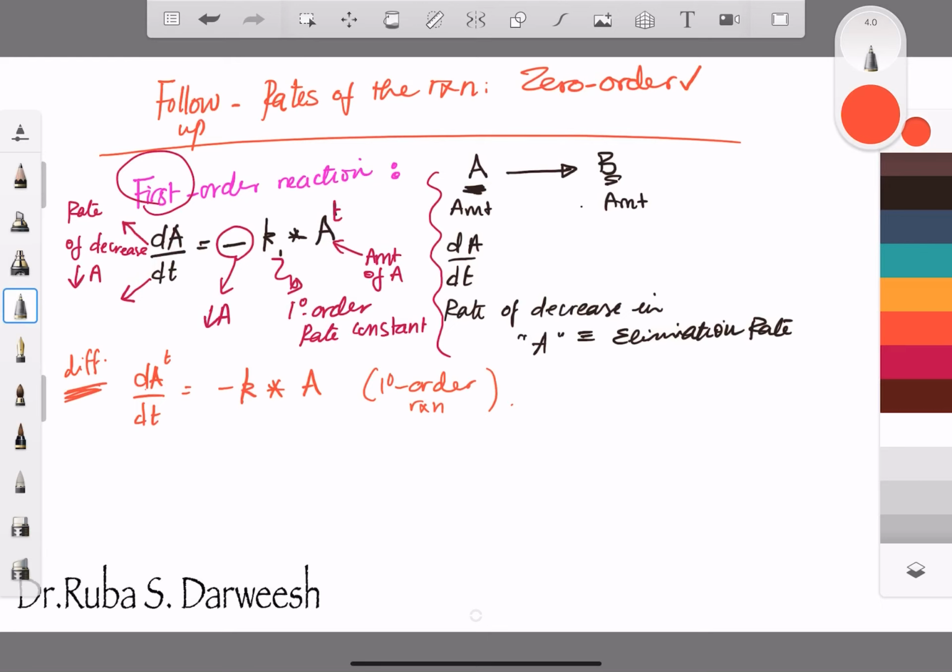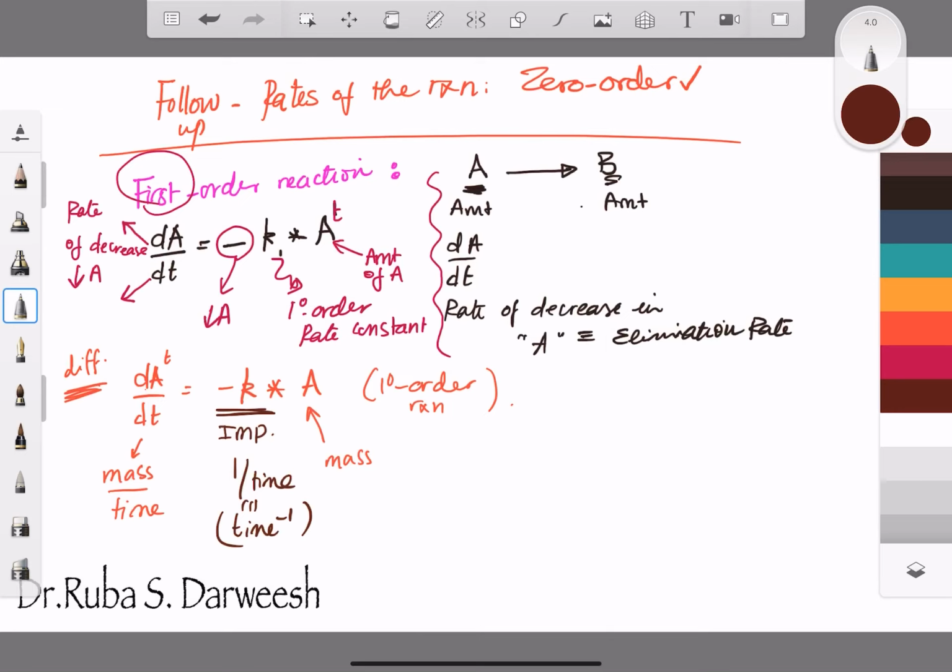Okay, this is the rate. If we're talking about mass of A, the rate has mass over time as its unit, and the constant, which is important, has 1 over time, the reciprocal of time.